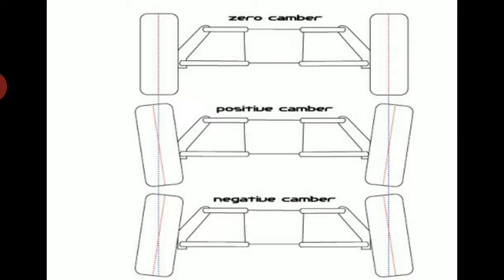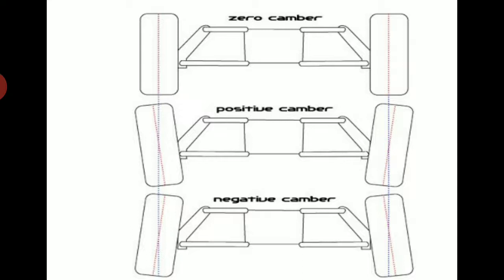So this says when the camber is 0, camber inclination is 0, the tire life will be maximum. Then there is positive camber and negative camber. Slightly the angle will change with roads, bumps, and different running conditions, this camber angle will try to change.